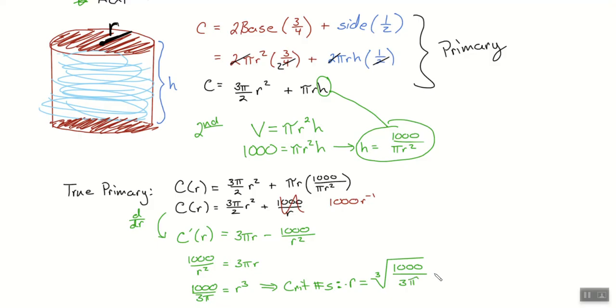I have no idea what this number is. 1,000 divided by 9, I don't know, it's around 100, right? A little bit bigger than 9. So it's around 100, whatever the cube root of 100 is, 4 to 5, somewhere in that range. No idea, don't care. We have our critical number. That is our critical number that we have to deal with.